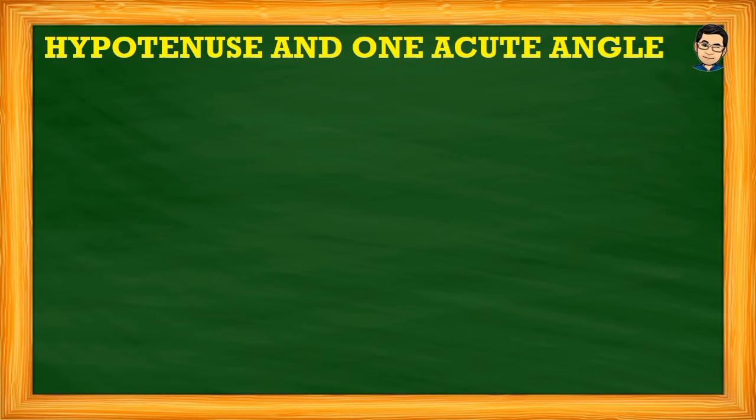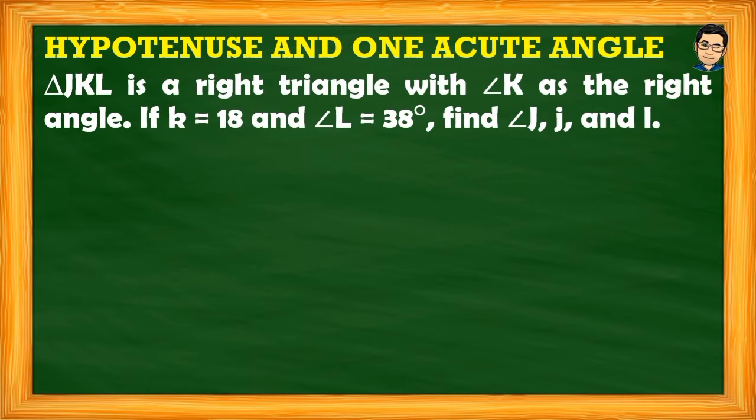So, after natin sa hypotenuse and one leg, we're given yung two sides ng triangle. Nakuha natin yung measure ng missing parts. Dito naman, given yung isang side, yung ating hypotenuse, the longest side, and then isang acute angle. Okay, so, let's have the problem. Triangle JKL is a right triangle with angle K as the right angle.